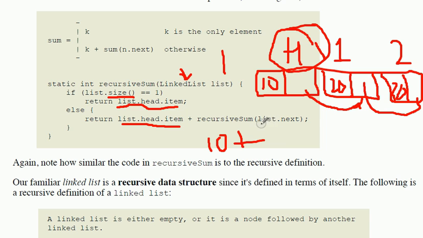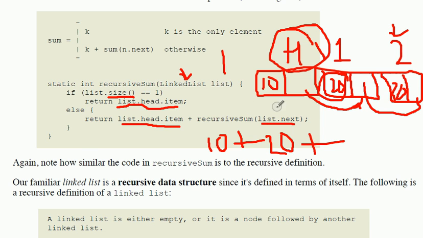Right? List.next, which is 1. So recursive sum. And now over 1, is this size equal to 1? No. So it will go again. And this method 2, 20. So you have 20 plus recursive sum list.next, which is 2.